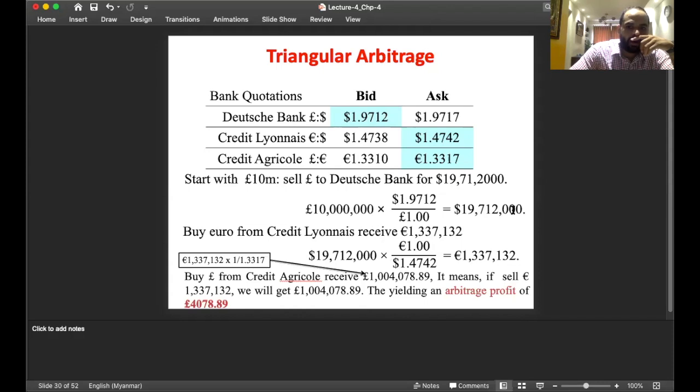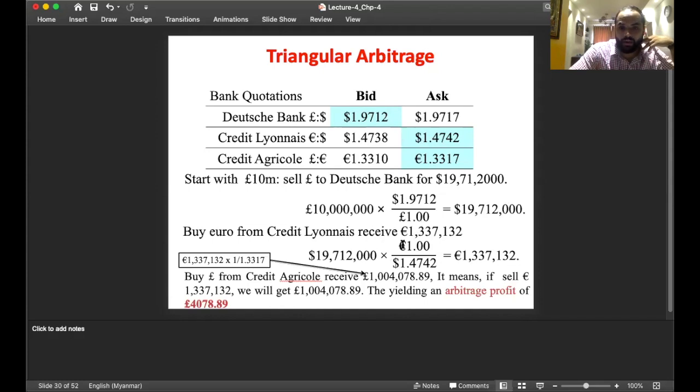Now we got dollars. Remember, this is a direct quotation, you can see the dollar sign. Now we are getting a position in euro, so we will use the indirect quotation, which means 1 divided by the direct.